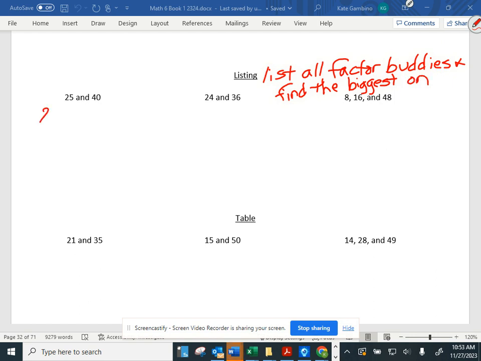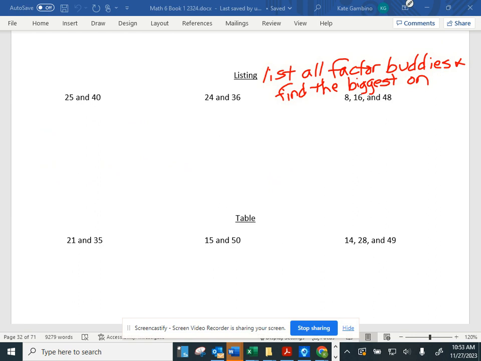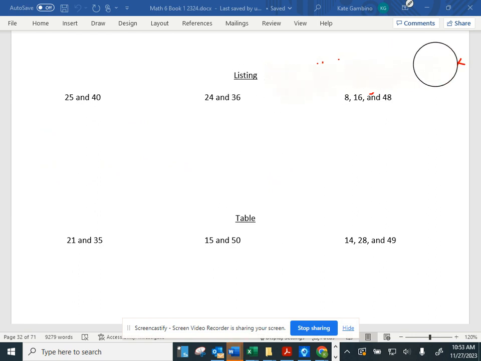So remember that was for 25 and 40. 25 would be 1, 5, and 25, 40 would have been 1, 2, 4, 5, 8, 10, 20, 40. So the listing one, you list them and you find the biggest one that they share. That is their greatest common factor. You cannot do the example, but you could use your circles and lines to help you remember.